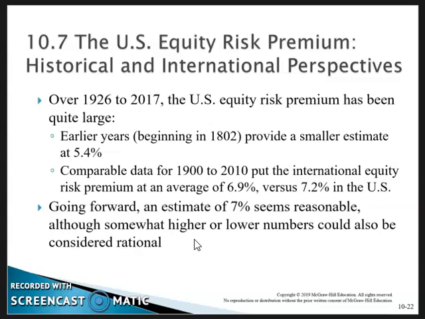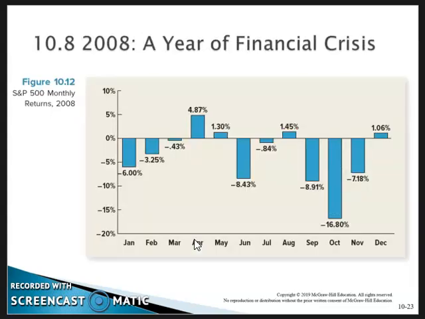The final topic is the financial crisis. This slide shows the return for the S&P 500 from January through December during the financial crisis. There was a 6% loss in January. There were actually already losses that had begun to occur before 2008.